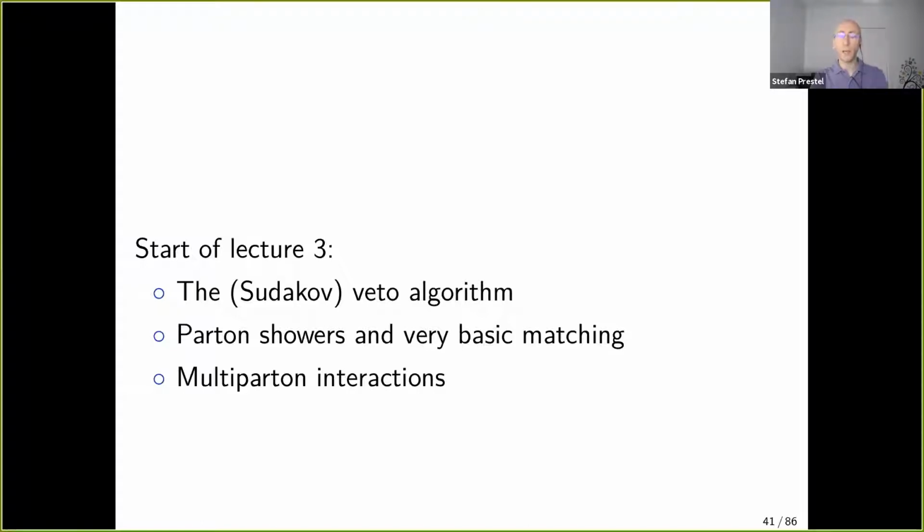And then, because I think it fits very nicely, multi-parton interactions. It might well happen that we'll postpone the last point to after the coffee break. I don't think that's a big issue. It fits nicely into this lecture, so that's why it's here, but very likely we'll postpone it. Okay, moving on to the start of the lecture.